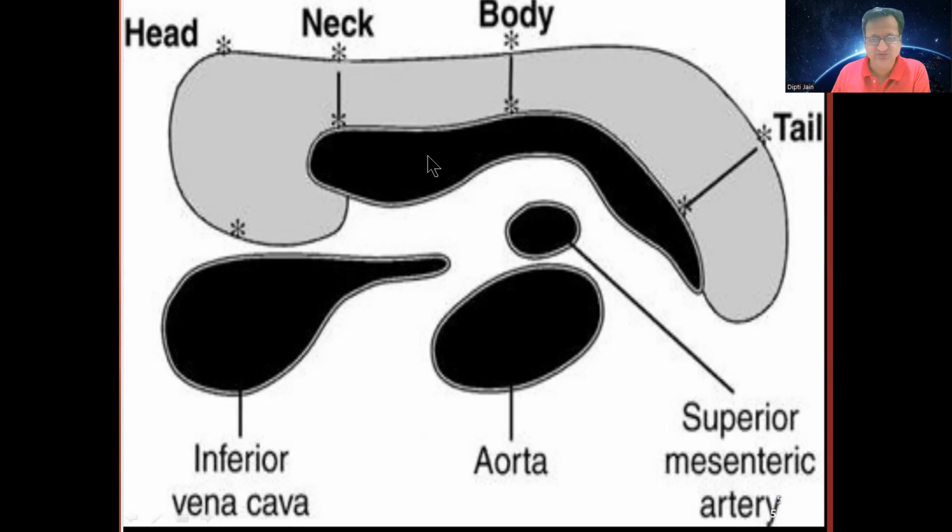Posteriorly there is a splenic vein, and it joins with the superior mesenteric vein to form the porto-splenic confluence. Posterior to the head, inferior vena cava is there. Posterior to the body, aorta is there, and there is a prominent vessel, superior mesenteric artery. This is the gross orientation you should have.